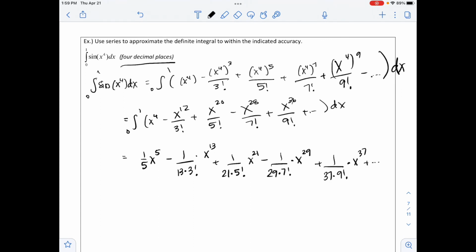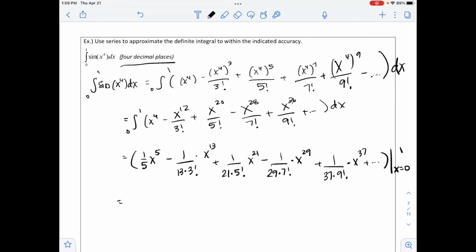And again, this continues on, but we're evaluating this whole thing since this is a definite integral from 0 to 1. So substituting in 1s for all the x's, we would get numerical values, but substituting in 0, we would just have 0.